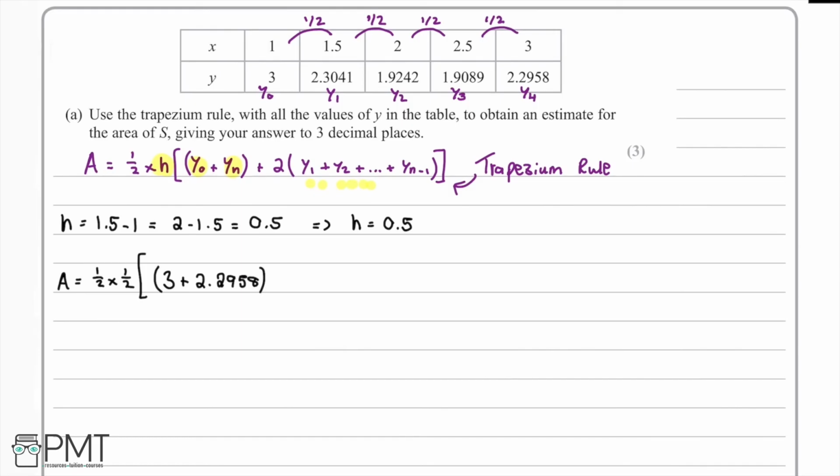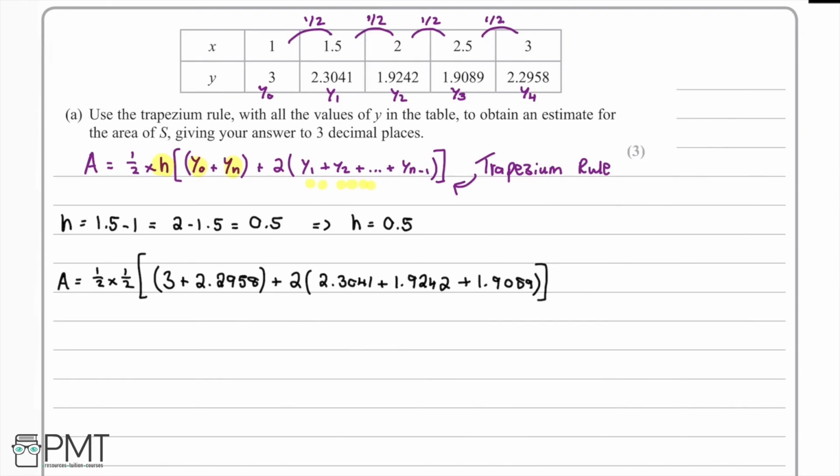And we'll just put our brackets in just to keep everything straightforward. And then to this we're going to add 2 lots of 2.3041 plus y of 2, which is 1.9242. And then we have y of n minus 1, which is going to be y of 3, which in our case is 1.9089. Then we close our big brackets.